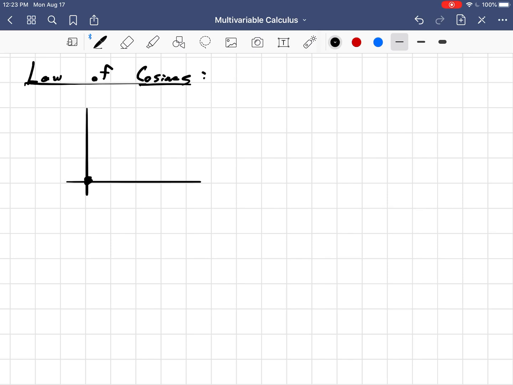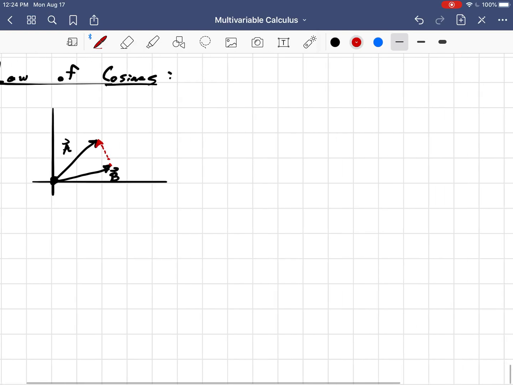So now we're going to imagine all three sides of this triangle as position vectors instead. That means we're going to have their tail at the origin, and they're going to be coming out like this. We'll call this vector A. We'll call this vector B. So now what is this vector right there?